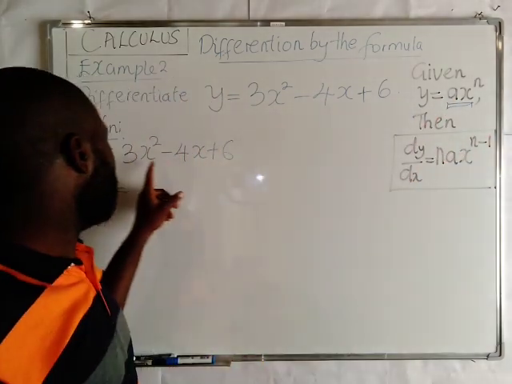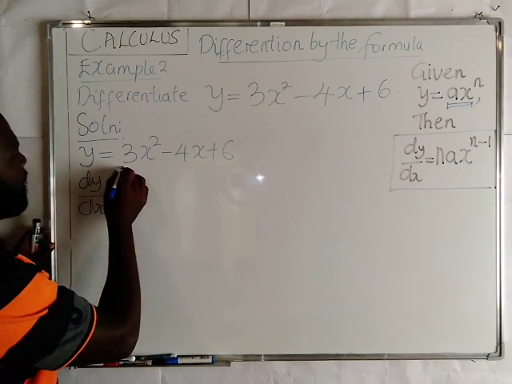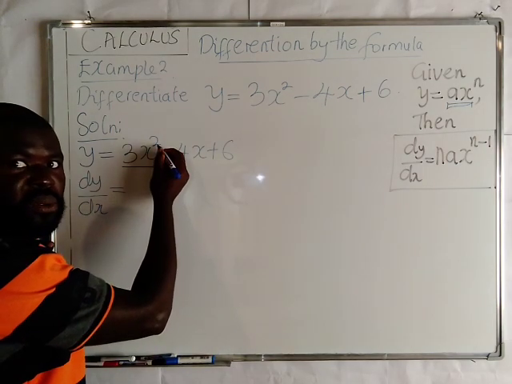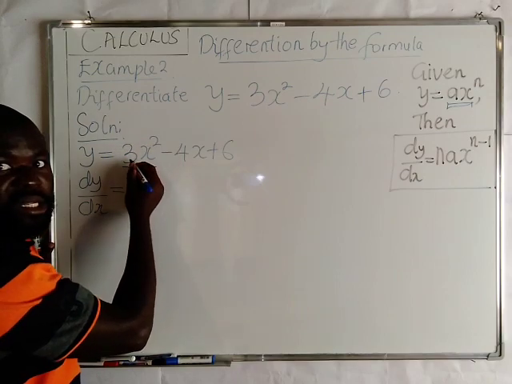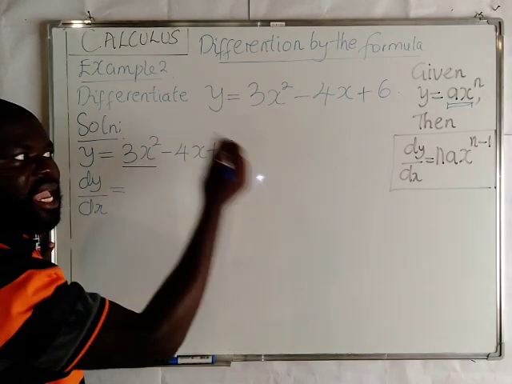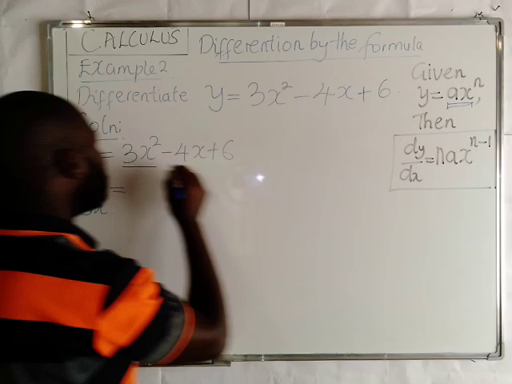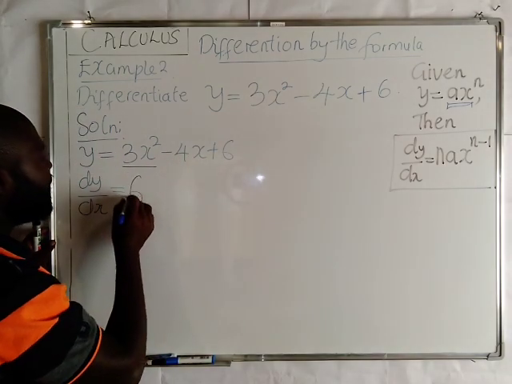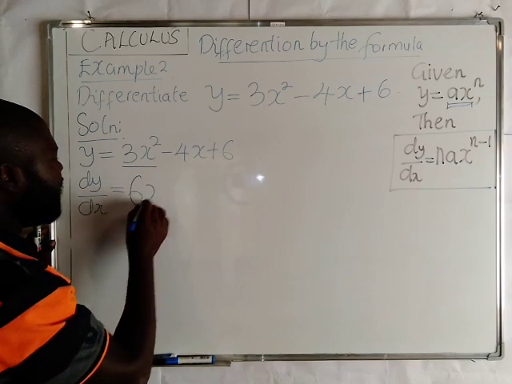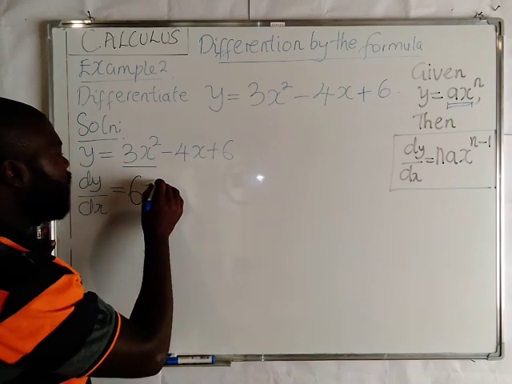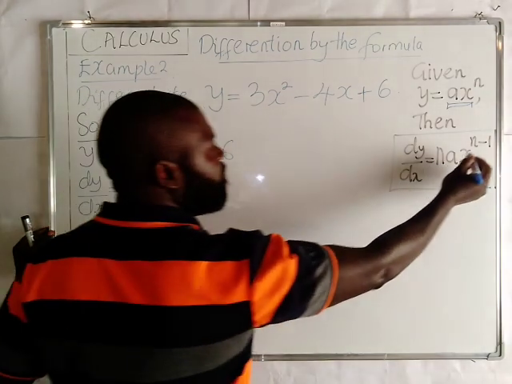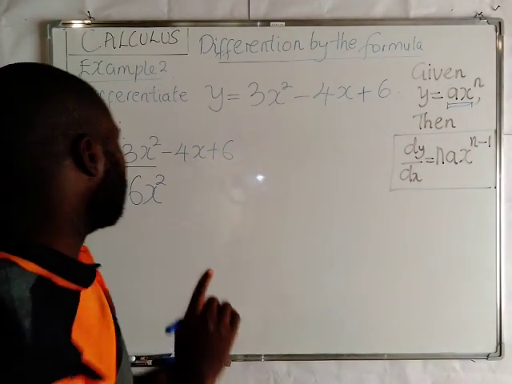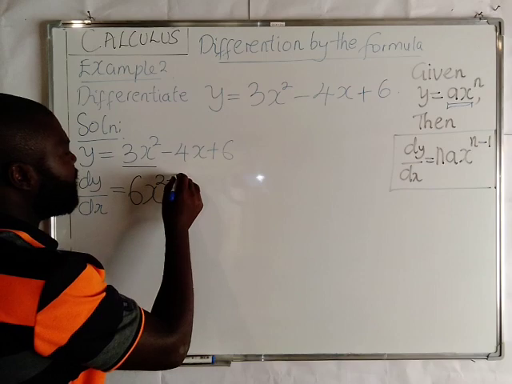Here, when you look at the first term, n is 2 and a is 3. So we need to say na, so we say 2 times 3, where we get 6 x power 2. Now you can see from the power, 1 has been subtracted. So we say 2 minus 1.